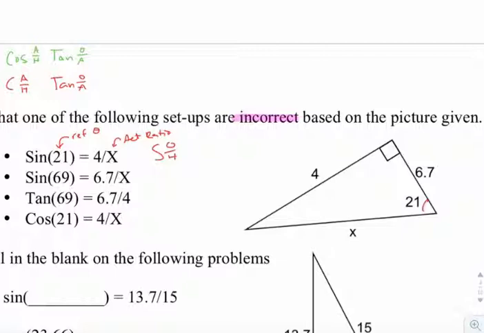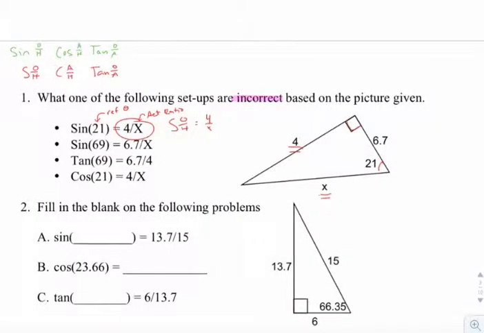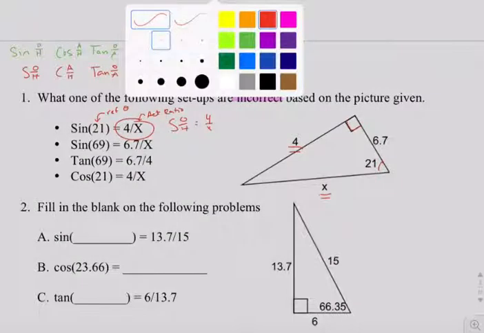The right angle is here, meaning that x is your hypotenuse. If we're sitting on 21, 4 is going to be our opposite, and so the sine of 21, opposite over hypotenuse, should be 4 over x, which it is here, meaning that's actually a correct setup. So it's not the thing that is wrong.